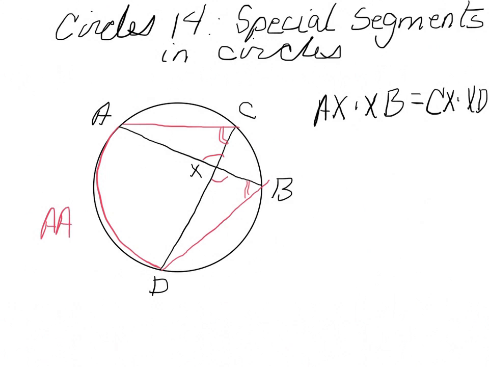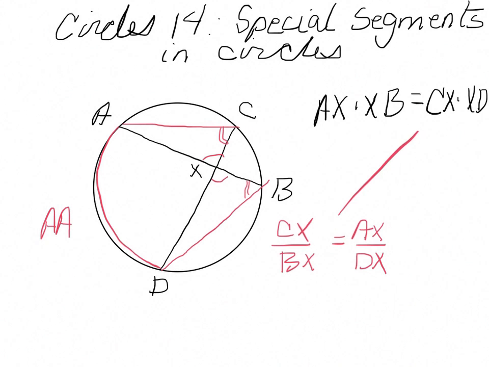And if they're similar, then ratios of corresponding sides are equal. And so you could say that CX over BX equals AX over DX. And when you cross multiply, you actually end up with our little formula that we're going to use.